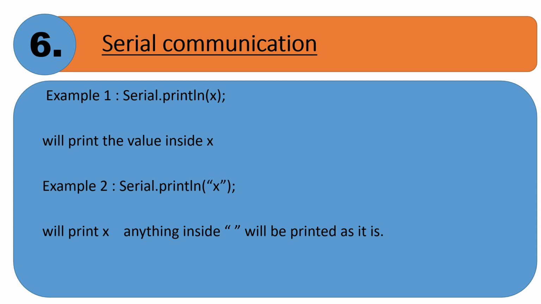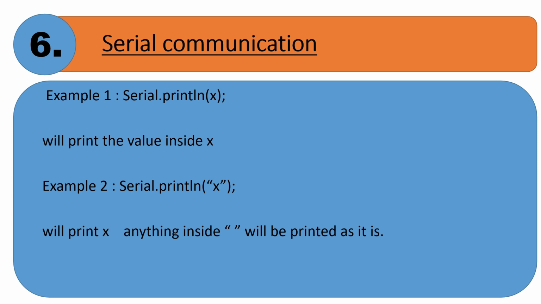So in one line we can say that anything inside double inverted commas will be treated as plain text and printed as it is on the serial monitor, whereas anything without double inverted commas will be treated as a variable and its value will be printed on the serial monitor. So here example 1 will print the value of x and example 2 will print x as it is.